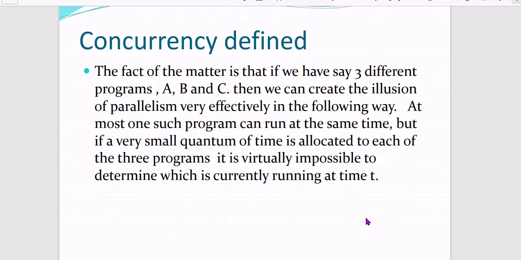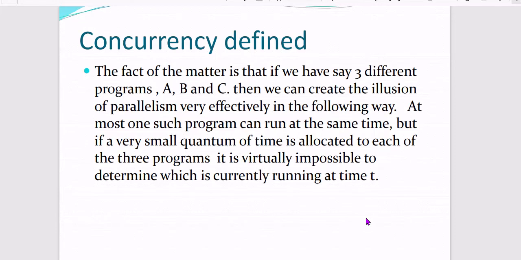But if a very small quantum of time is allocated to each of the 3 programs, it's virtually impossible to determine which program is currently running at a given time t, especially if a small quantum of time is being repeatedly allocated to each of those 3 programs.